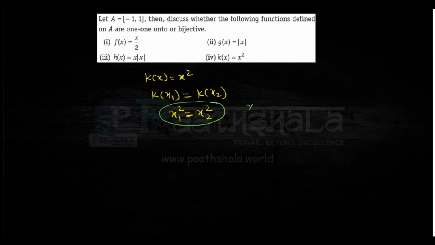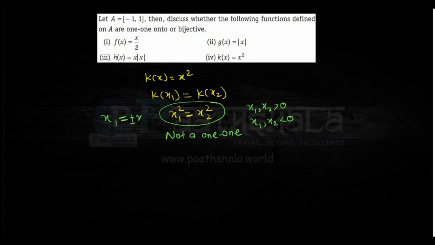If x1, x2 are greater than 0, then it is one-one, or if x1, x2 are less than 0, then it is one-one. But for opposite signs of x1 and x2, it is not a one-one function. So we can write x1 equals plus or minus x2.